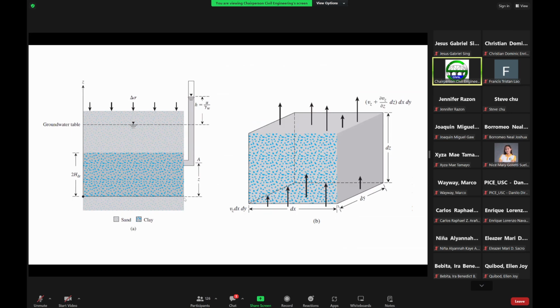So at Z equal to 0, the excess pore water pressure here is 0. At Z equal to 2 HDR, the excess pore water pressure here is also 0. And at time T equal to 0, the excess pore water pressure is equal to the initial excess pore water pressure.